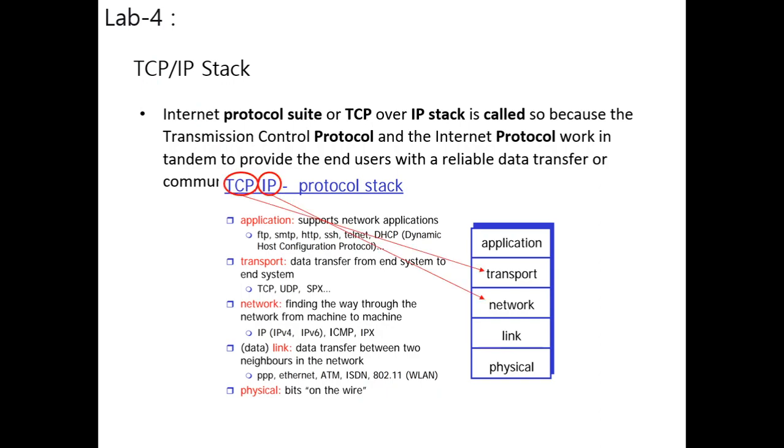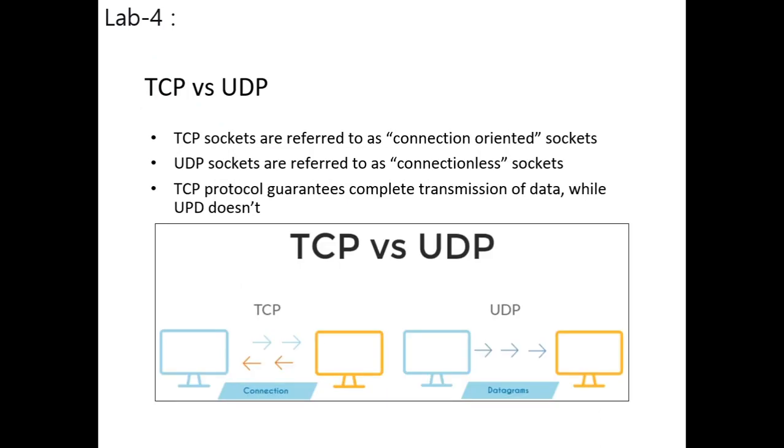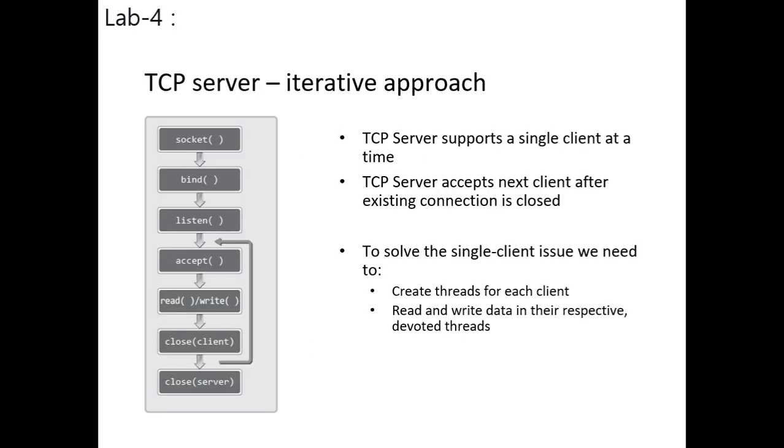All right. The next thing was the difference between TCP and UDP. TCP was referred to as a connection-oriented socket, and UDP sockets were referred to as connection-less sockets. The TCP protocol guarantees complete transmission of data, while UDP does not.